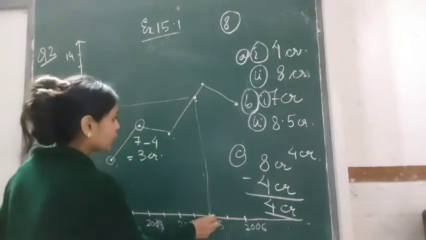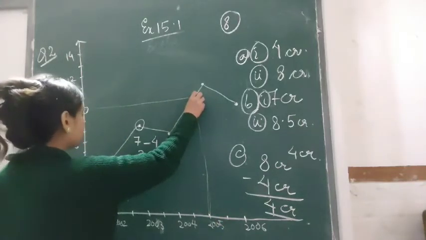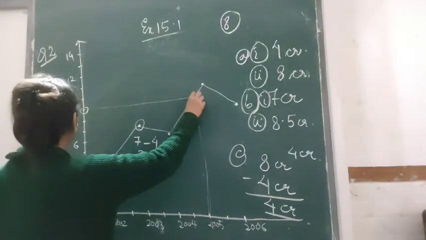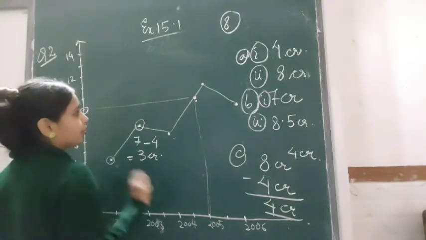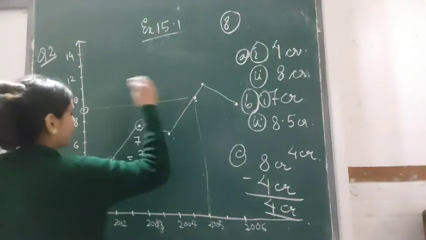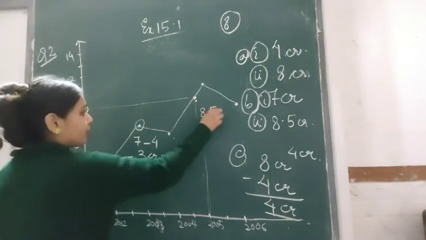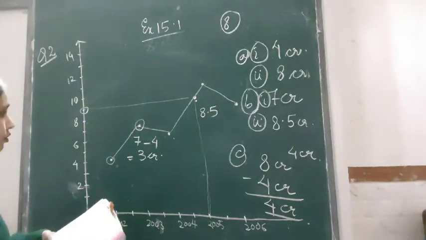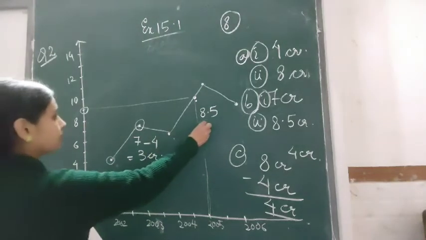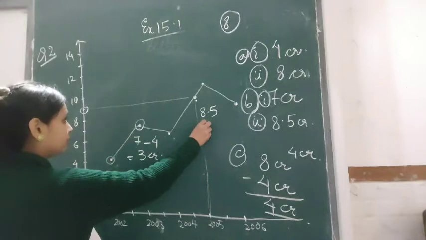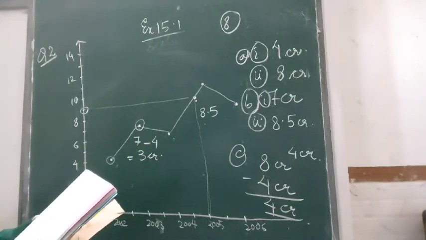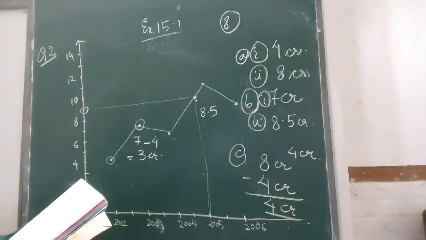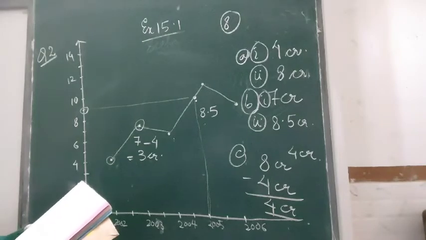We will check this one, the hike. So this is 2005, which is how much? This should be 9, no? So why have I written 8.5? Because it may not be showing. Oh, the trend we have to check. 6. Where is 2005? 2005 is showing 10 crores.